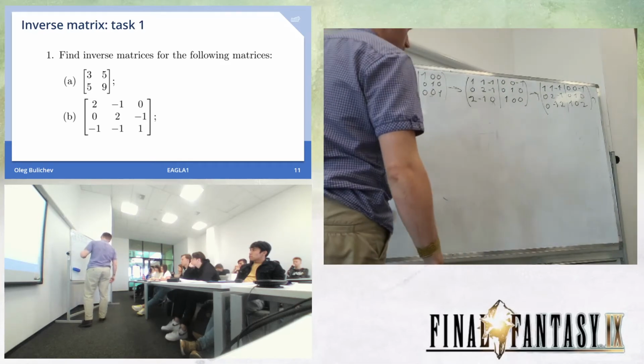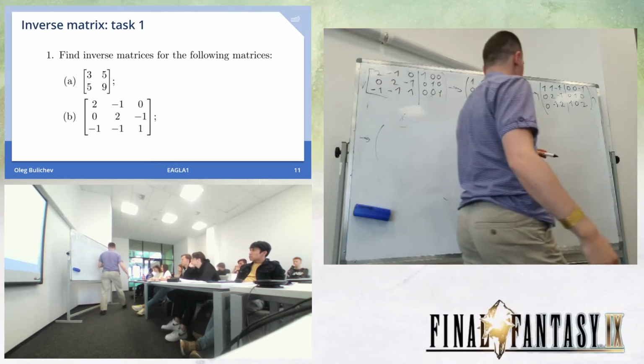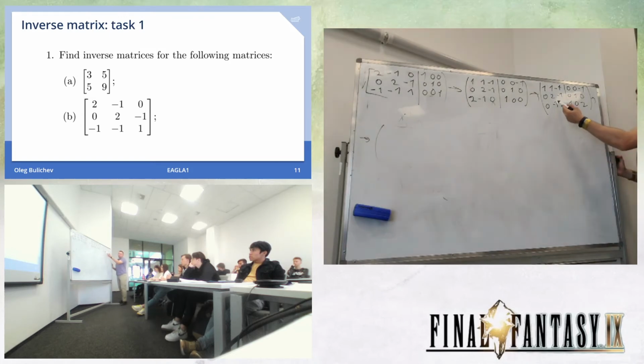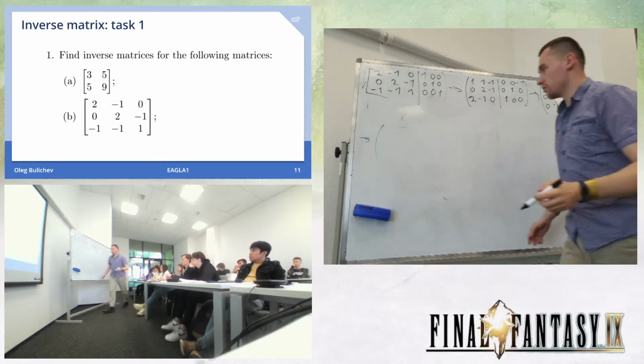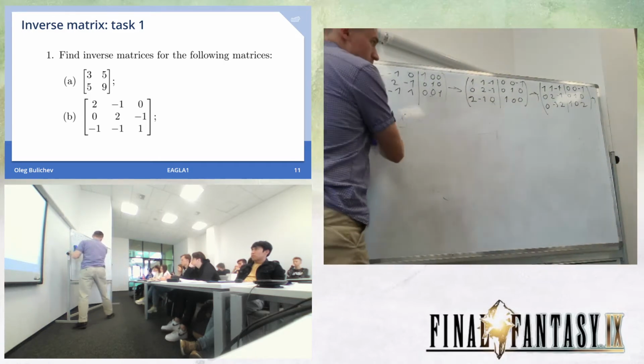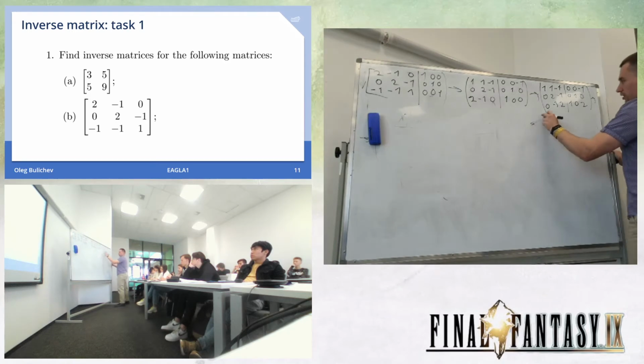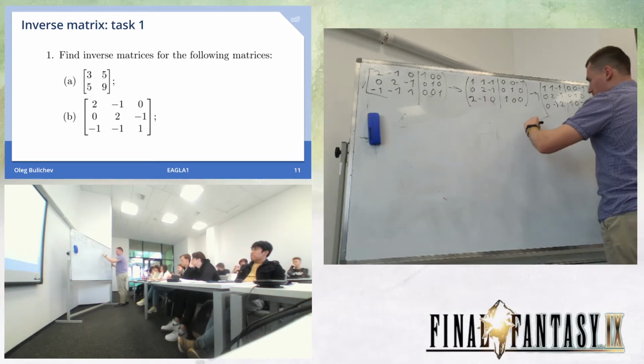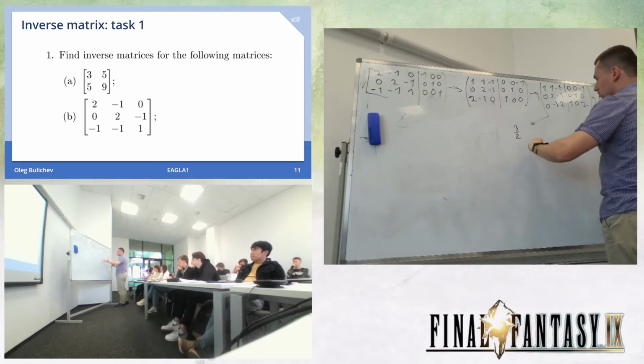Okay, first step is done. Now I want to eliminate this 3. What can I do? Again, I can do something with two of them. 1 plus 1 minus 3 over 2. I can again rewrite it, and for instance, I want to multiply the third one by 3, 2.